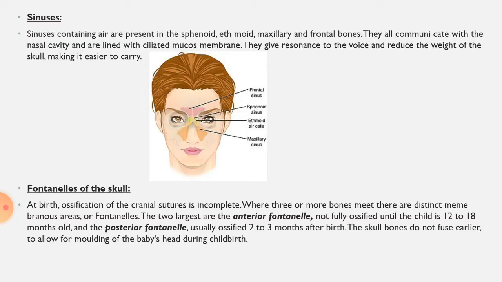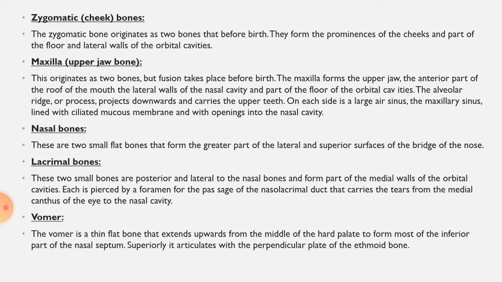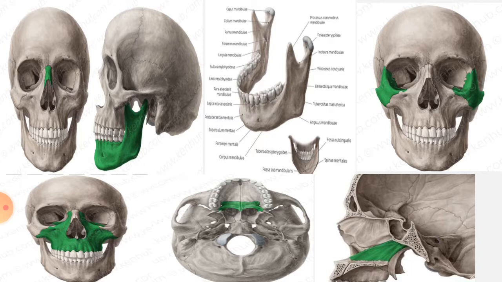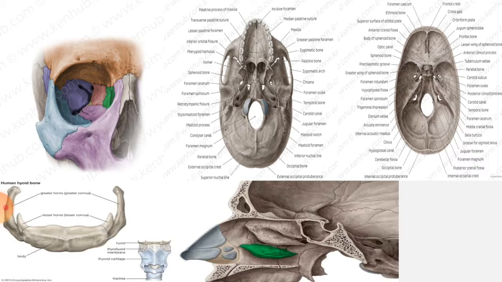Okay. Another important thing that you should know is that we divide the cranium into two parts. There is a vault, or the outer covering of the skull, this one here, and we call it the vault of the skull. And then comes the base of the skull. When we remove the vault of the skull, then this is what we get.